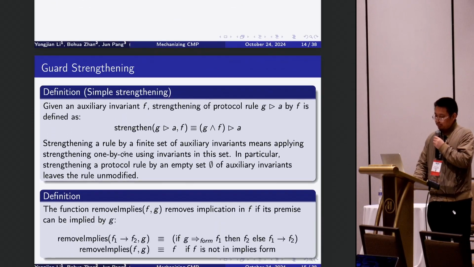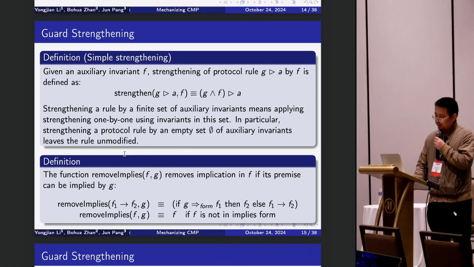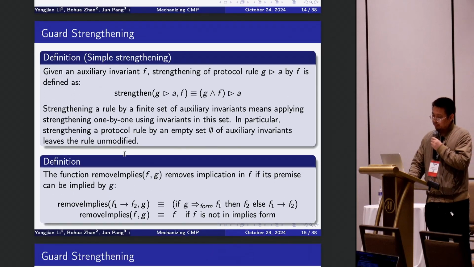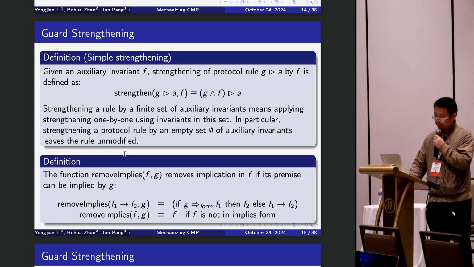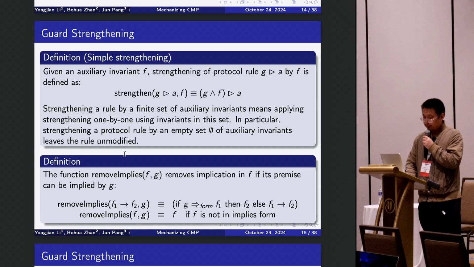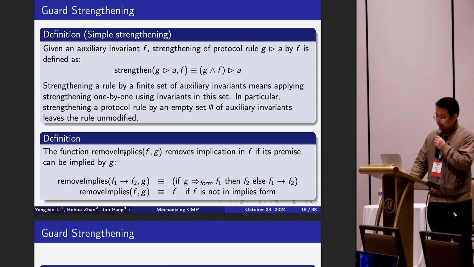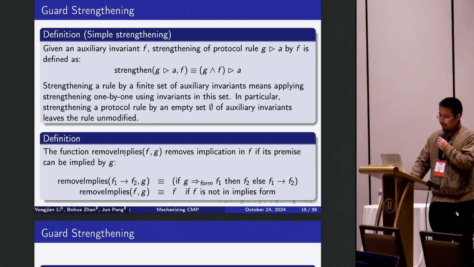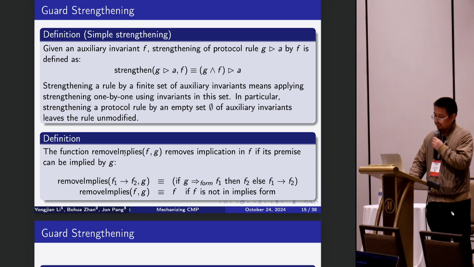After introducing symmetry, we define the guard strengthening of a rule. We define two kinds of strengthening. The first one is simple: we just add an invariant formula.